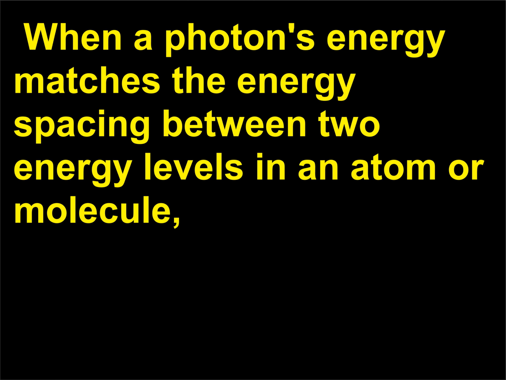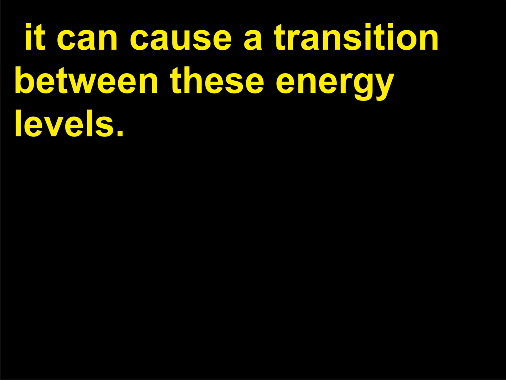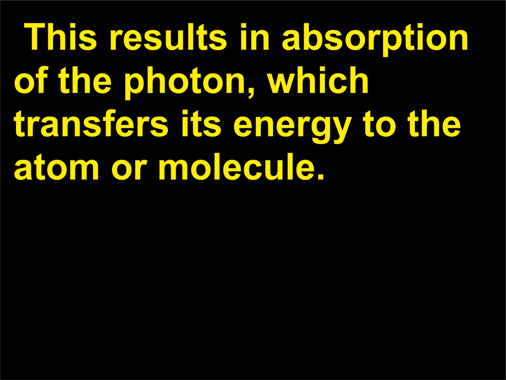When a photon's energy matches the energy spacing between two energy levels in an atom or molecule, it can cause a transition between these energy levels. This results in absorption of the photon, which transfers its energy to the atom or molecule.